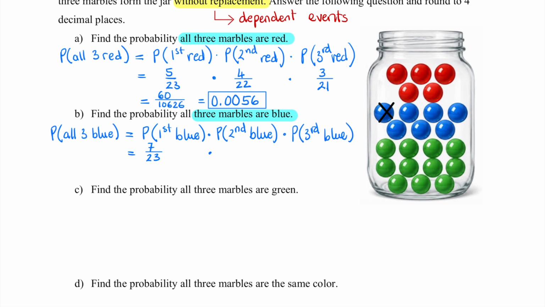So the probability that the second marble is blue is 6 over 22. And after the second blue marble was removed, there are now 5 blue marbles remaining out of 21 total marbles. So the probability that the third marble is blue is 5 out of 21.